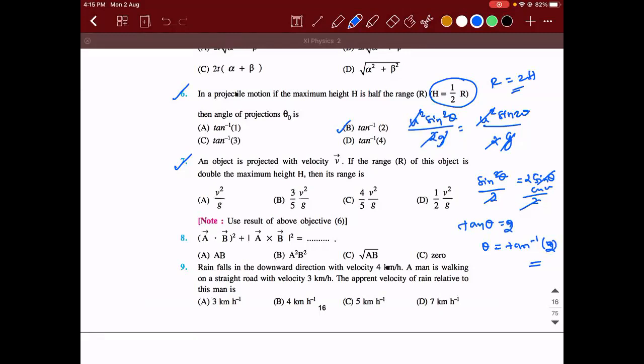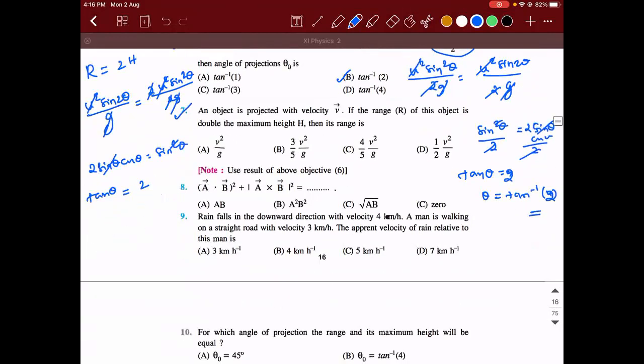If R is equal to 2h, how do you find the value of R? So again, tan theta is equal to 2.